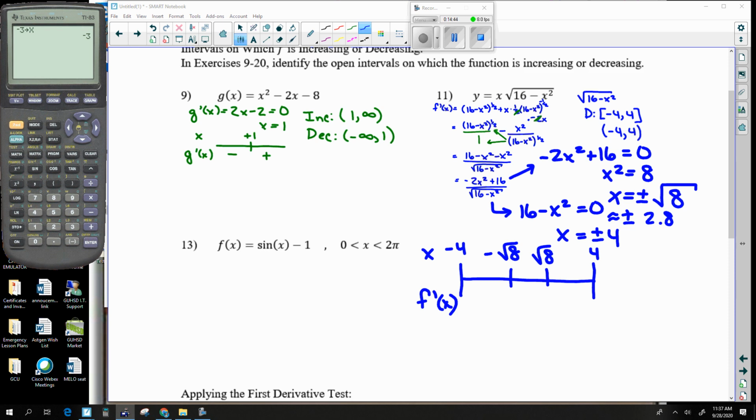Now let's put that into the derivative: negative 2x squared plus 16 divided by the square root of 16 minus x squared. Okay, negative number. In between the two roots, like a 0, it's a positive. Bigger than root 8 and less than 4, like a 3, is a negative.